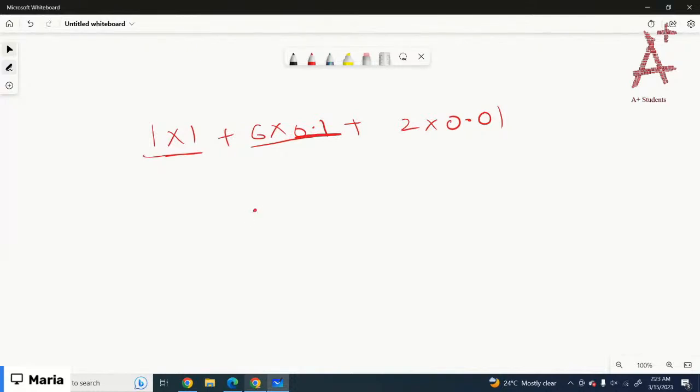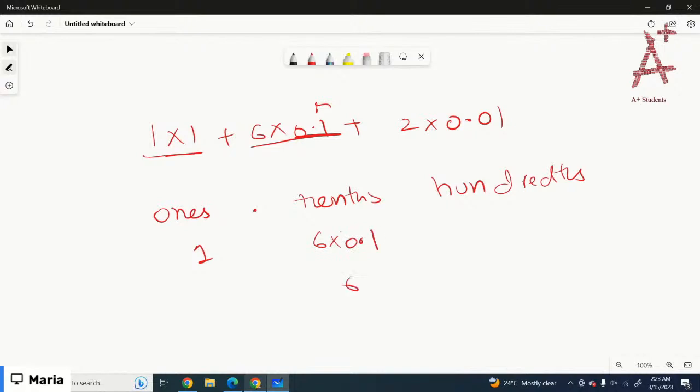When we look at the place value chart, it would be ones, tenths, hundredths. 1 times 1 is 1 here. Got it? 0.1, the first digit right after the decimal, is the tenths digit. So 6 times 0.1 means 6 is at the tenths place.